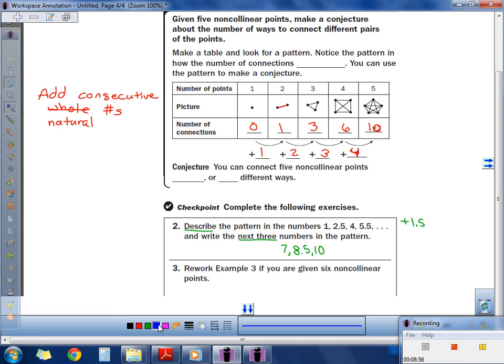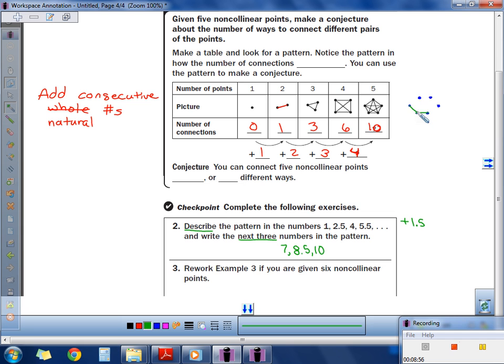Number 3, checkpoint 3. It says rework example 3 as if you're given 6 non-collinear points. So instead of just having 5 of these little dots, we're going to have 6, and it would look like this. Now you have to think about your number of connections. So you should be able to count as I'm drawing.